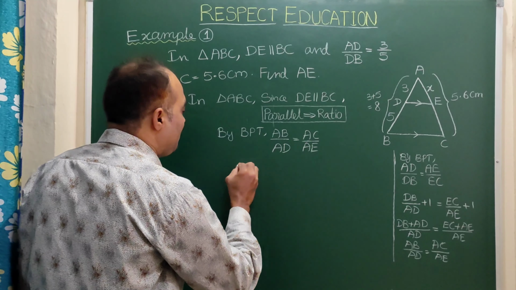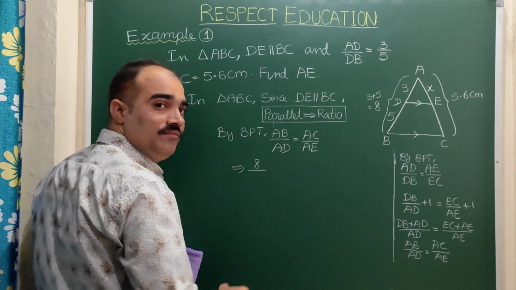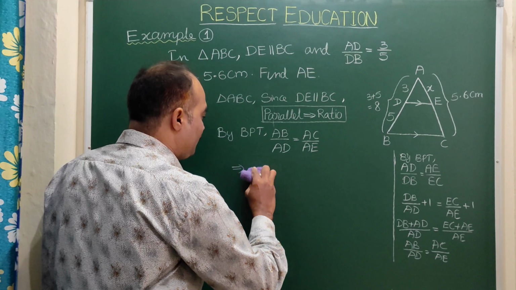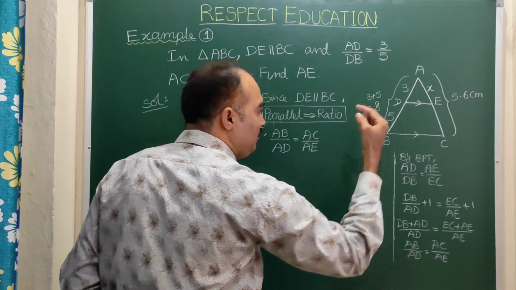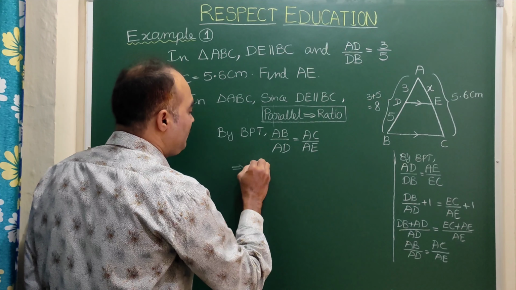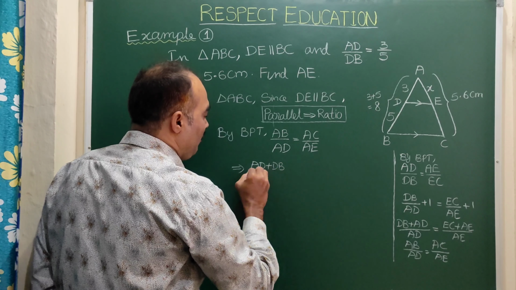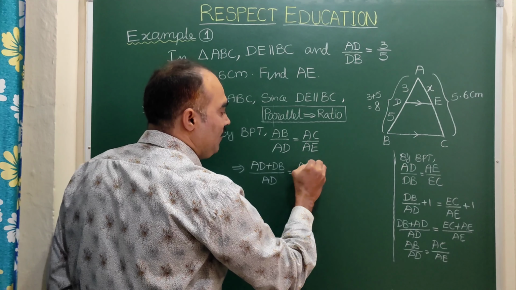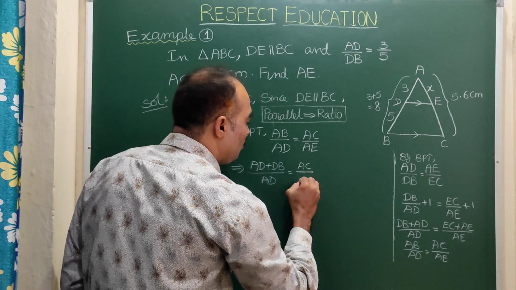So here in place of AB, I am taking 8 by, or those who feel difficulty, okay, I can write for you in detail. AB can be written as AD plus DB. In that way also you can write AD plus DB by, let us write AD as it is, and here AC value is known, that is 5.6, AE value also known.